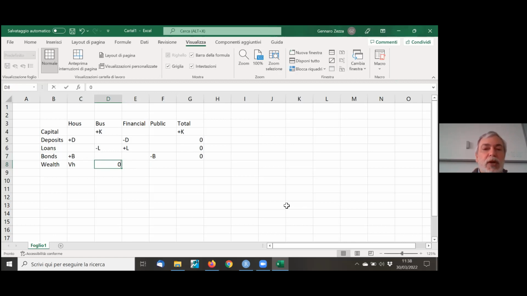So I don't know, we can try to do this. This will be 0, and this will be minus B, and this has to be K. Considering retained profit? Investment financed by retained profits and loans. Yes.